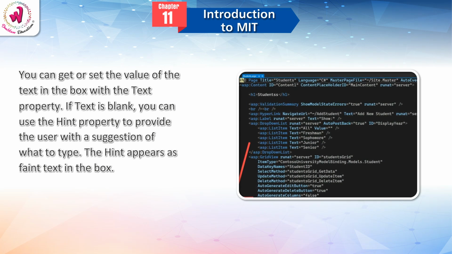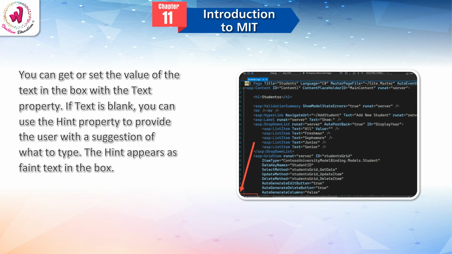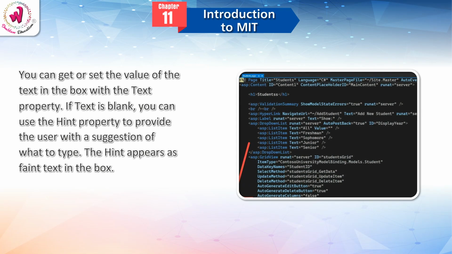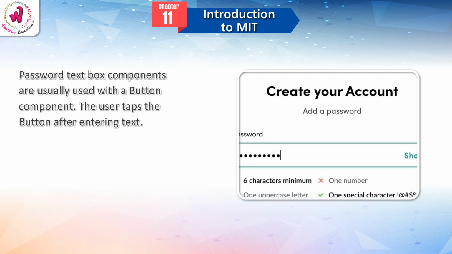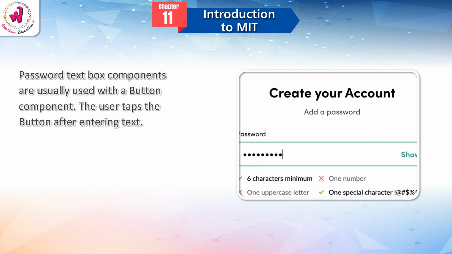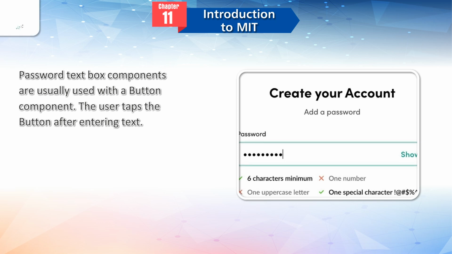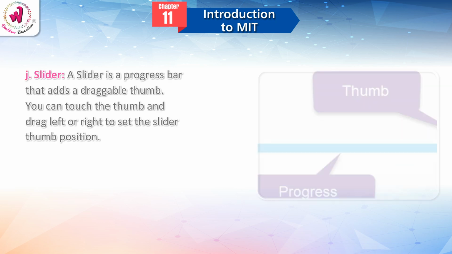If text is blank, you can use the hint property to provide the user with a suggestion of what to type. The hint appears as faint text in the box. Password text box components are usually used with a button component. The user taps the button after entering text.